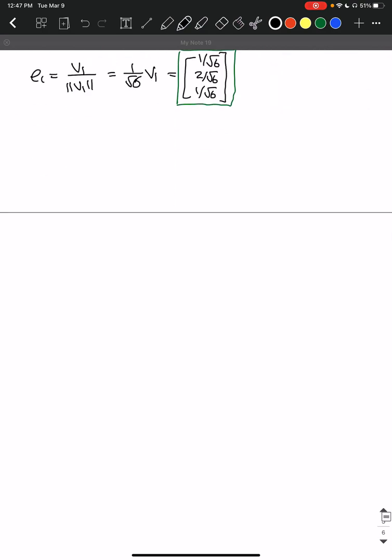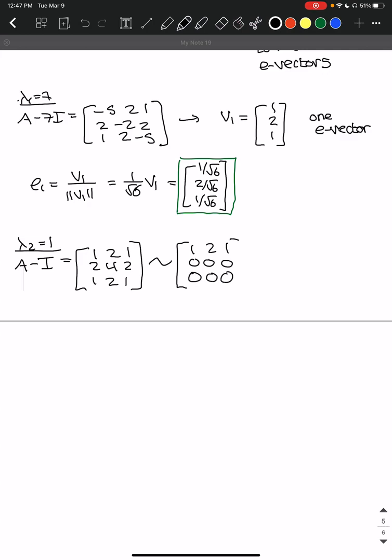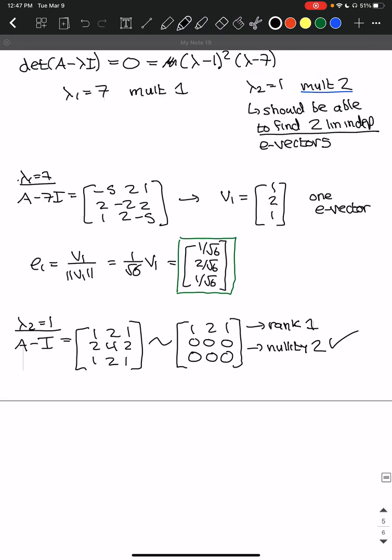Let's do lambda 2. Lambda 2 is equal to 1. I have A minus the identity matrix, which is equal to 1, 2, 1, 2, 4, 2, 1, 2, 1. That's nice for us, right? If we row reduce this one time, we get 1, 2, 1, and 2 rows of zeros. That's perfect, right? So I have rank 1, nullity 2, which is exactly what I needed to find 2 linearly independent eigenvectors.